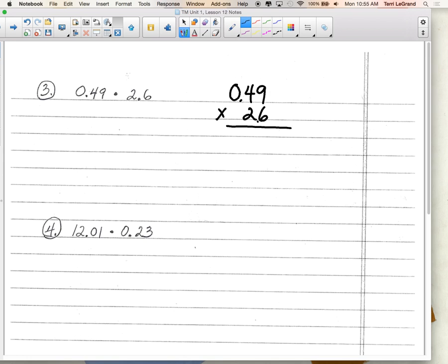9 times 6, or 6 times 9, I mean. 54. So we put a 4 down here, right? Carry our 5. 6 times 4. 24. Add that 5 to it, we get 29.